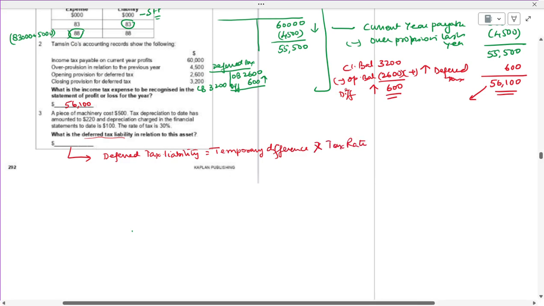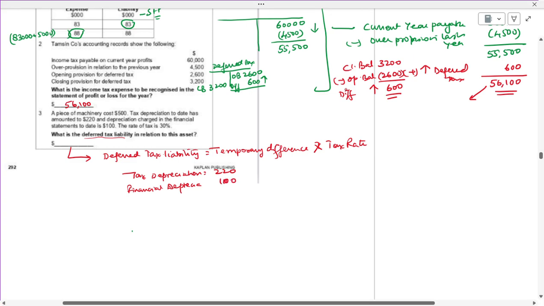Now, what is the temporary difference they have given? As per tax, depreciation is 220. Financial depreciation is 100.